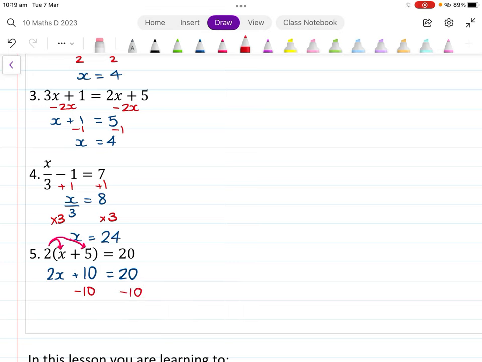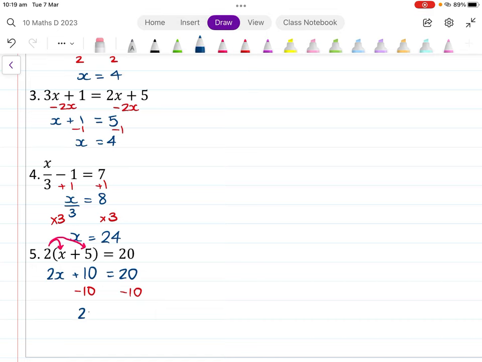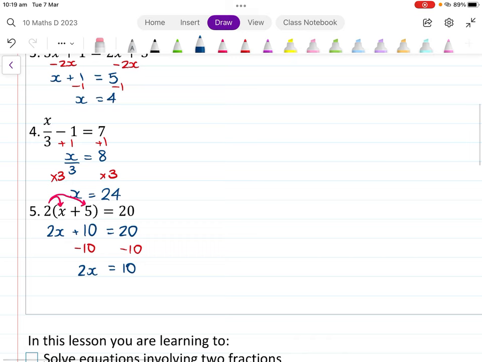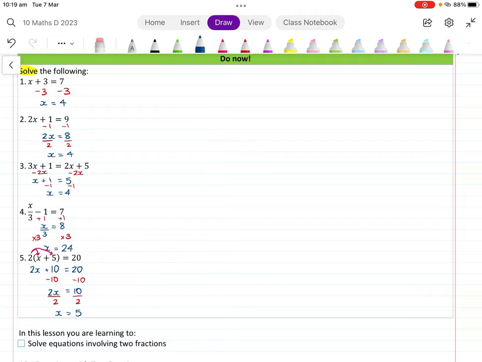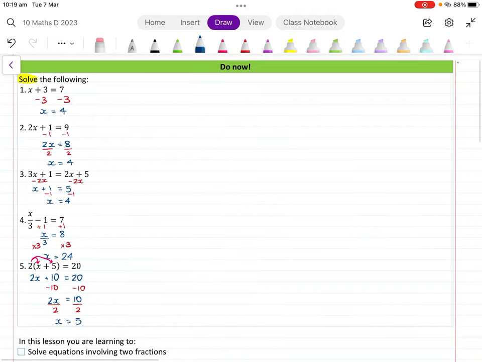This leaves us with 2x equals 10. Then what we want to do is get rid of that 2 that's attached to our x by dividing both sides by 2 to get x equals 5. They are our answers to your 5 do now questions.